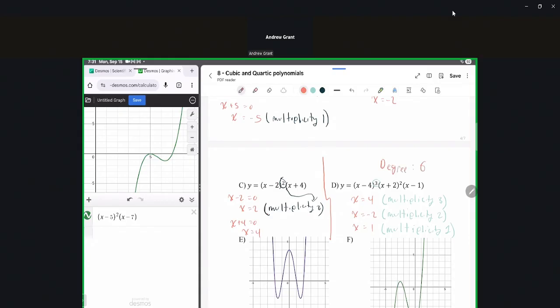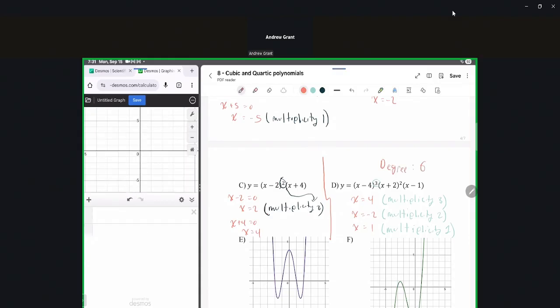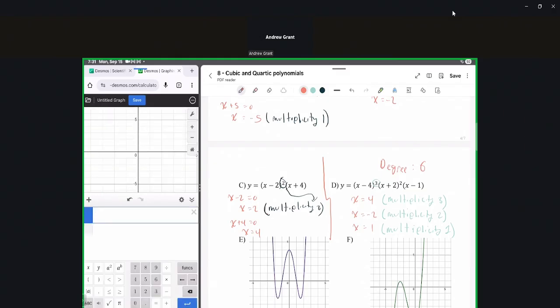You might be thinking, hey, is that a degree 6? It is. In fact, we can graph what this looks like, because with the power of Desmos, it's pretty easy and quick for us to graph. And so we type in x minus 4 cubed times x plus 2 squared times x minus 1.